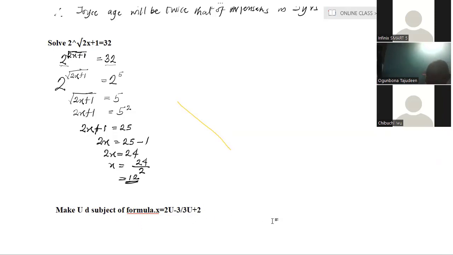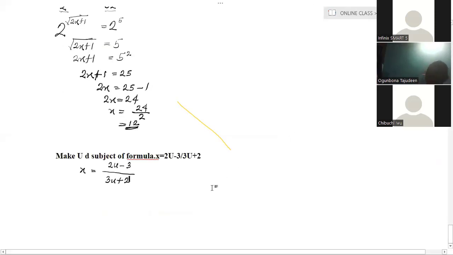Let me write what I understand by the question. x equals 2u minus 3 all over 3u plus 2. Is it like this on the screen? Yes. Okay, that's good.